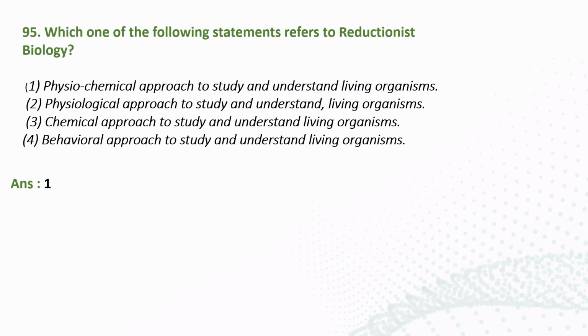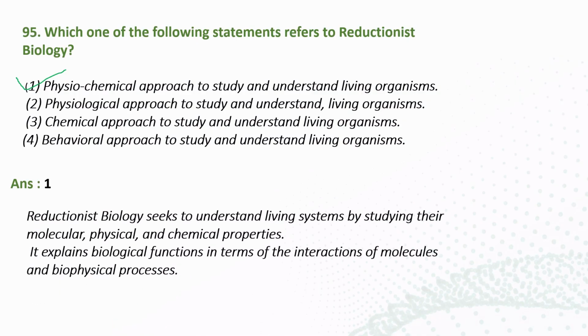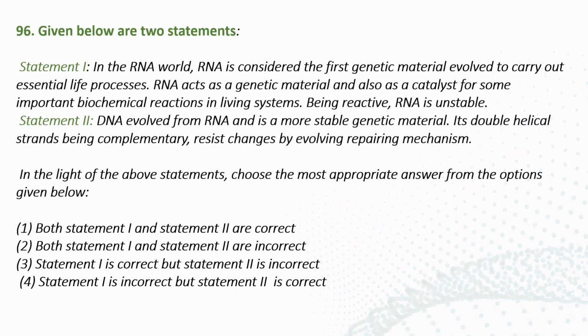He'll use both physical processes and chemical methods, like adding chemicals or using chemical compounds from the body of living organisms, to study the biology of the organisms. So the first one is the right answer: a reductionist biologist is a person who approaches physically and chemically to study living organisms. Okay, the next questions are statements, so it will take time.